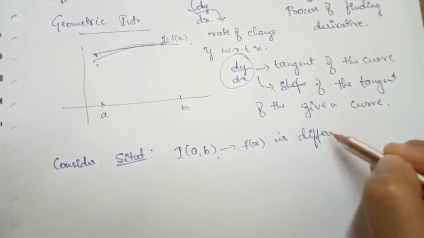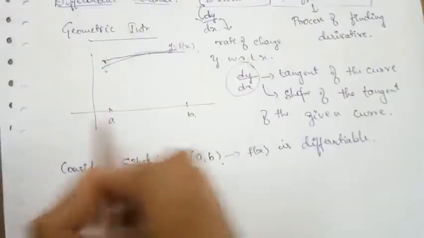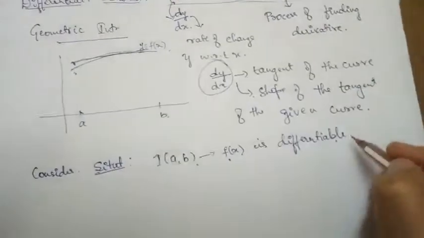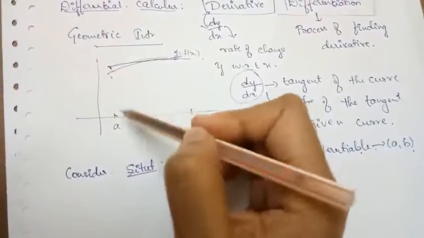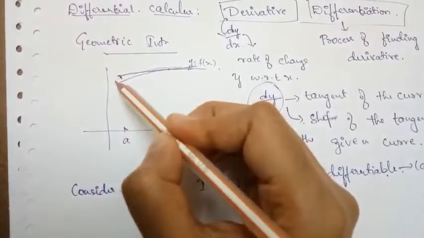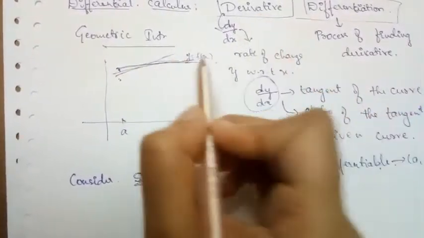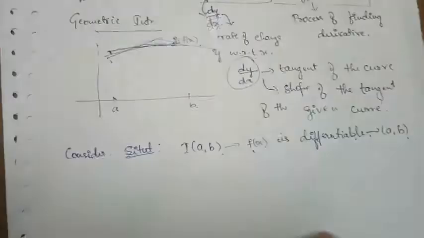The function f of x is differentiable within the interval a comma b, which implies that within the interval a comma b, I can draw the tangent at any point of the curve. I can draw the tangent at this point, and at this point. So at various points we are going to get a tangent.